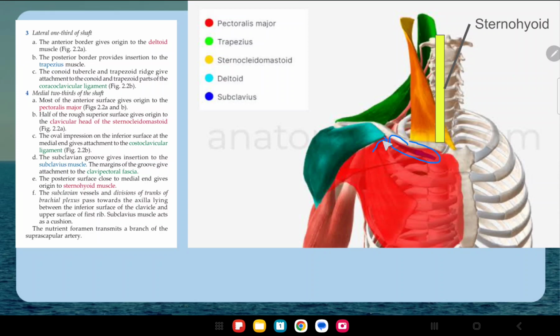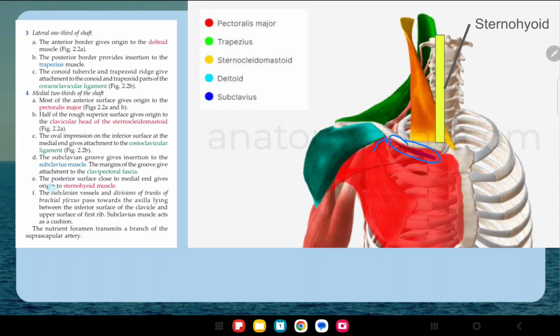It is called the subclavius muscle. It is present in the subclavian groove, right? And it is also a site of clavipectoral fascia. Fascia are the sheets of tissue which cover the muscles and separate the bundles of muscles, right?